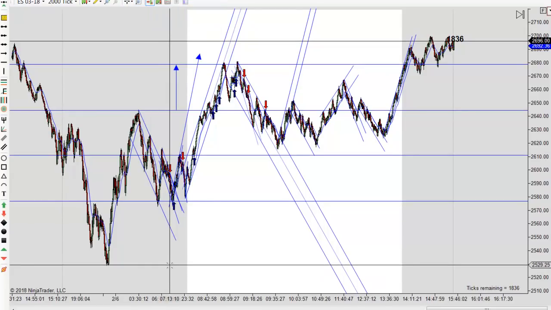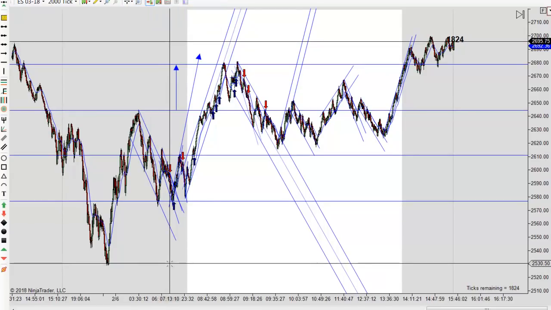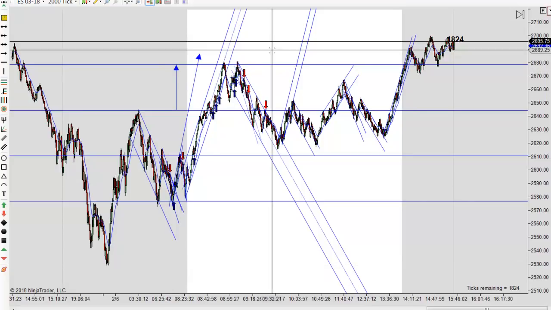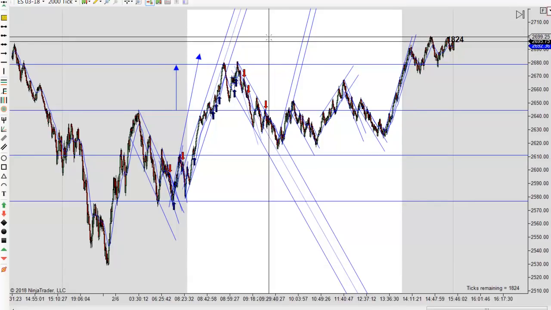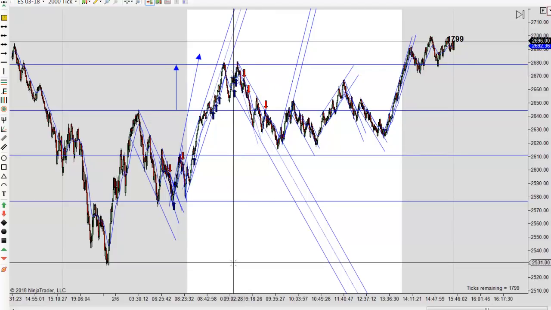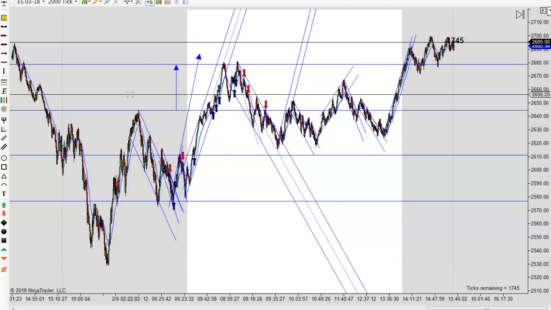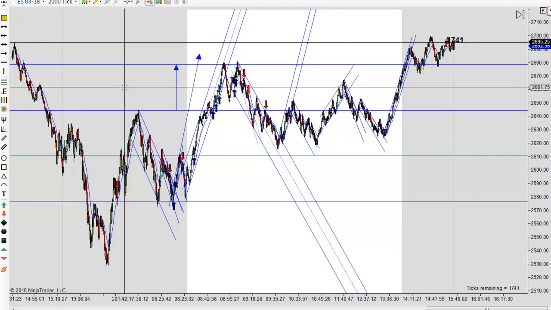We were as low as 25.29, and as high as 26.29, or I'm sorry, 26.99. So you can do the math there. Pretty close to 170 points.